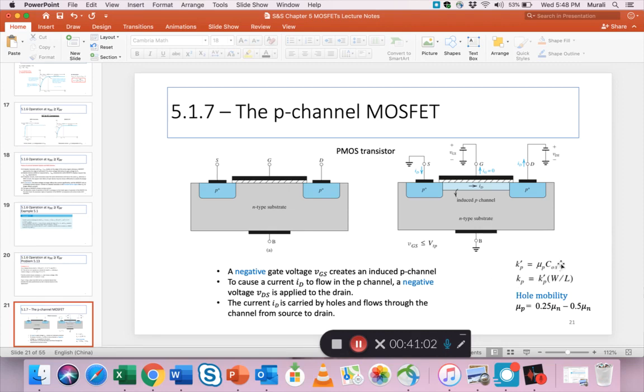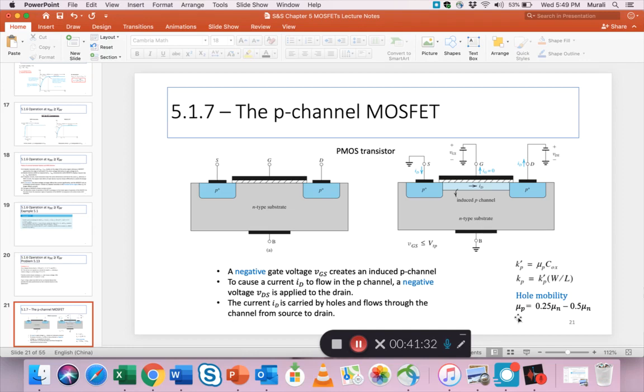A couple of other factors. We remember the factors Kn and Kn prime. For a PMOS, we introduce Kp and Kp prime as those parameters that will help us come up with the formula for the current. And then there is this other important factor called hole mobility, right? Previously we talked about electron mobility, that was mu n.